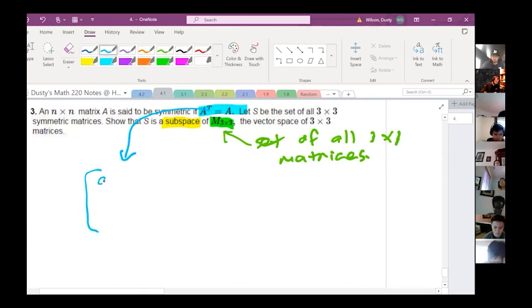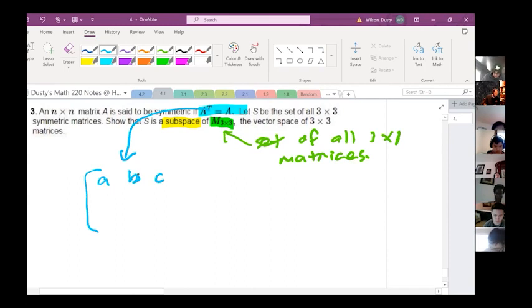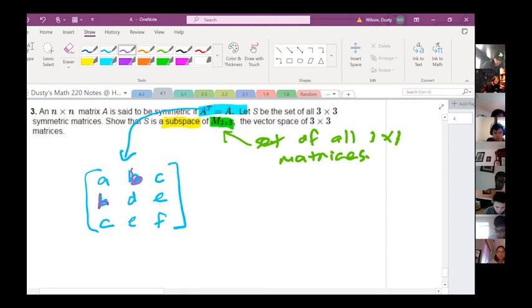You could have an A, B, C. But if you have A in the 1, 2 spot, then you must have B here as well. D, E, C, E, F. So these would be symmetric matrices. Notice that you have B here and B there, C here and C here, E here and E there. So that's what symmetric matrices look like.